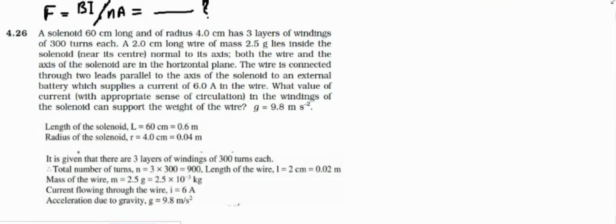Both the wire and the axis of the solenoid are in the same horizontal plane. The wire is connected through two leads parallel to the axis of the solenoid to an external battery which supplies a current 6 ampere. 6 ampere is the current passing through the wire. So now, what is the value of the current in the windings of the solenoid? Current through solenoid you have to find to support the weight of the wire.